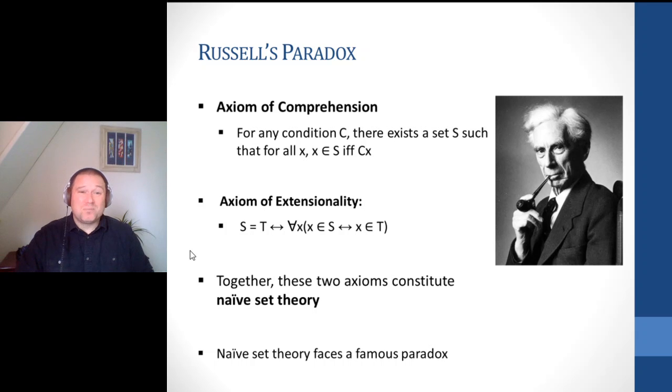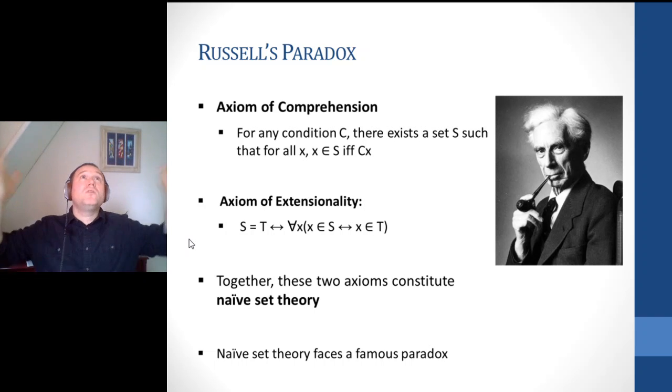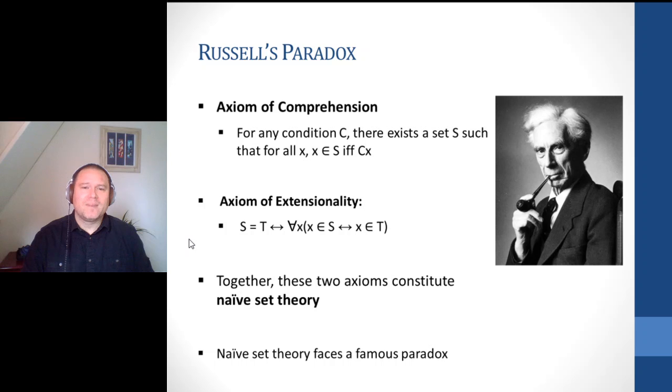And it actually looked pretty good for quite a while, because there's so much we can do with just that very basic set theory that we talked about in the previous lecture. We need these two axioms, one to tell us what sets there are, and one to tell us the identity conditions for sets. But with them, we could get out so much of mathematics.